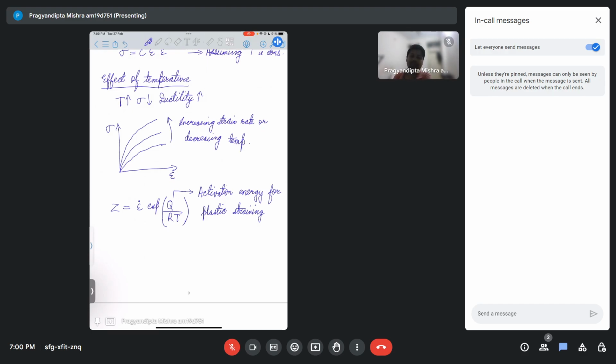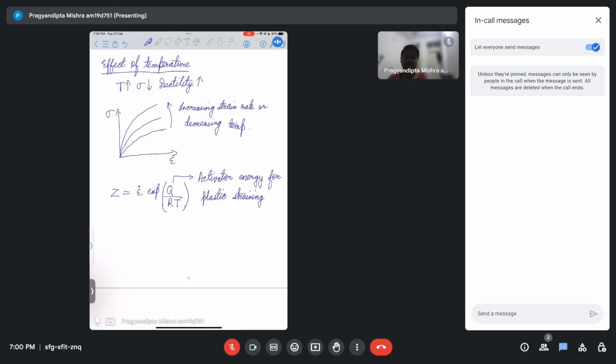Okay, activation energy for plastic strain. So this is it with respect to our discussion on effect of strain rate on flow stress.